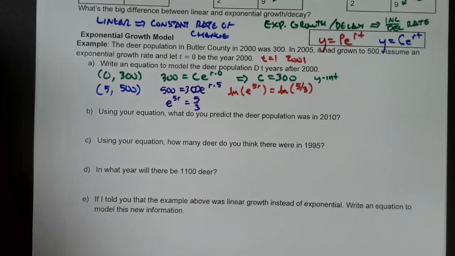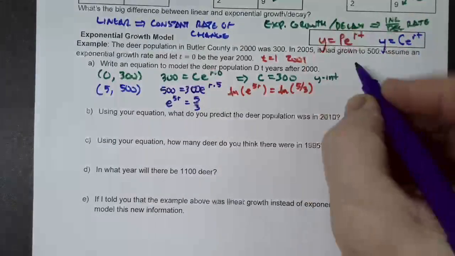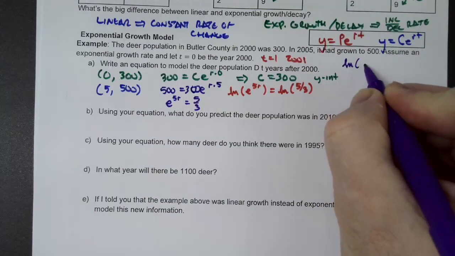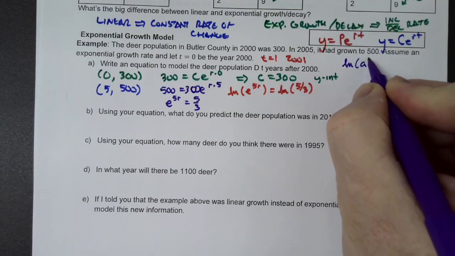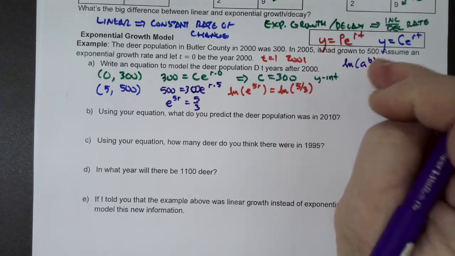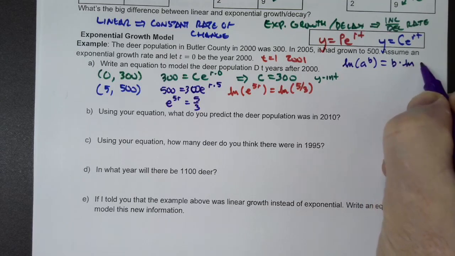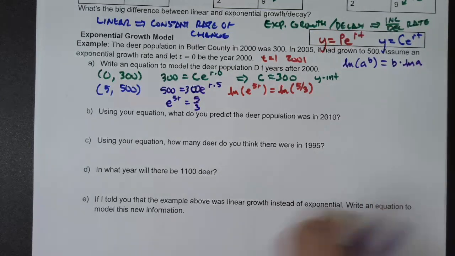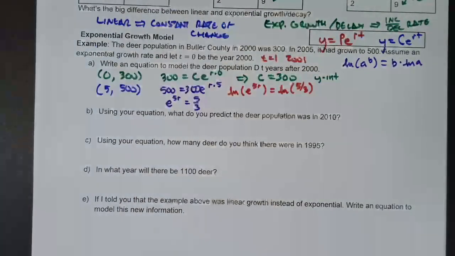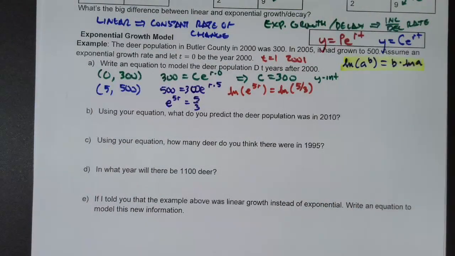We had a rule that we can apply here, and that rule was if we take the natural log of some base a to the b power, that exponent, the power, can be written as a coefficient out in front of the natural log of a. You may not remember that, but we will use it now.